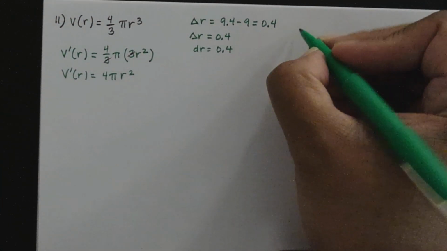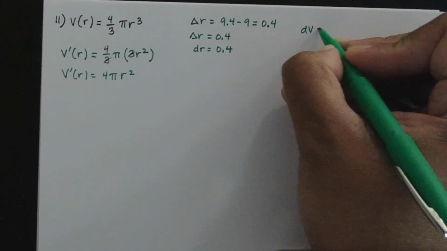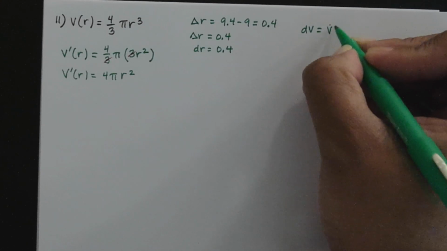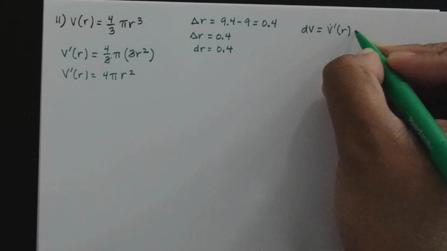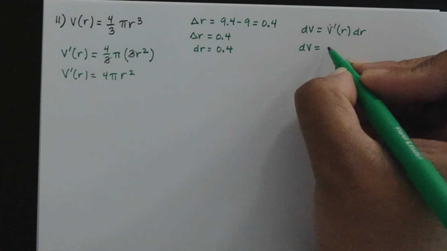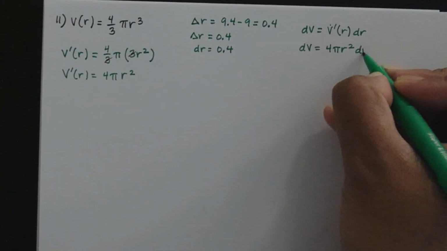All right, and in this case here, my dv, the derivative of the volume, would be what V prime of r is times dr. So dv will be this, 4 pi r squared dr.